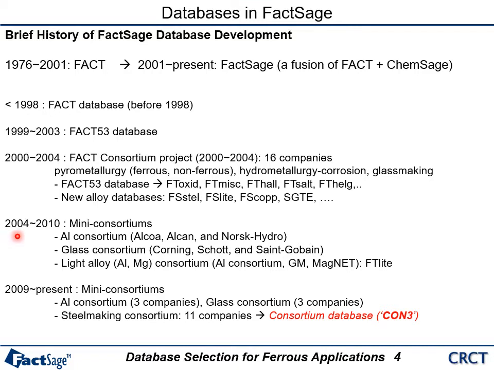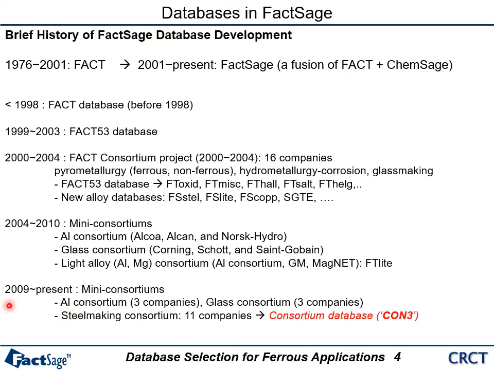From 2004 to 2010, several mini consortia were developed within the FactSage group. One of them is the Aluminum Consortium, which is sponsored by the three major aluminum companies in the world. Then we have the Glass Consortium, also sponsored by major glass making companies. The light alloy database was further developed with GM, General Motors in Canada.